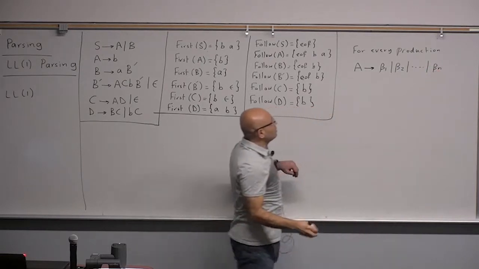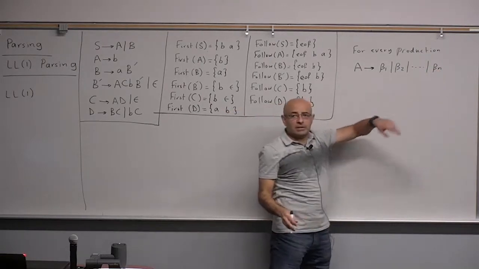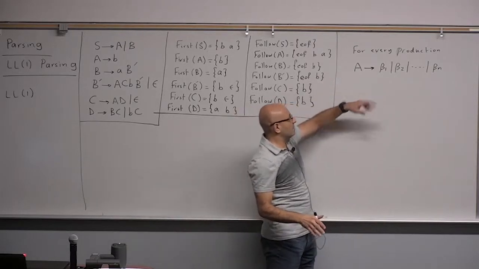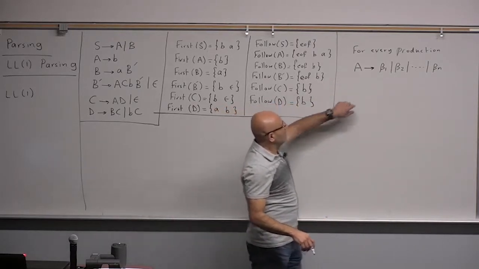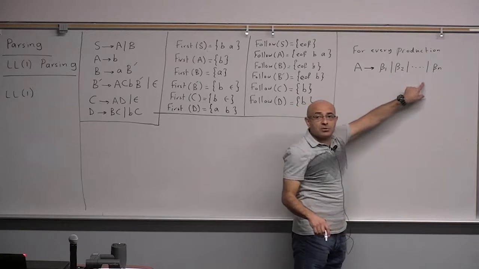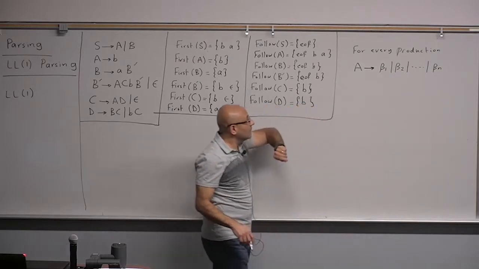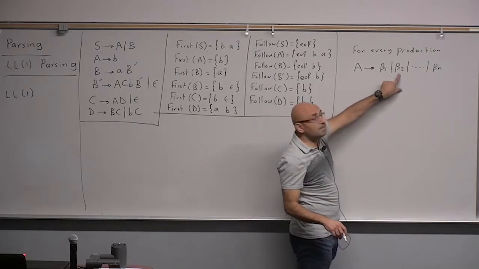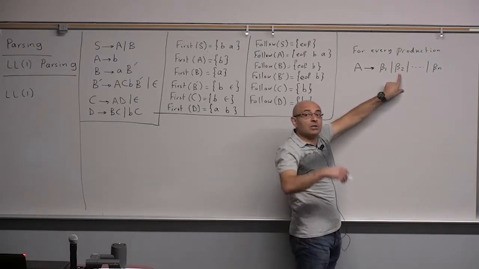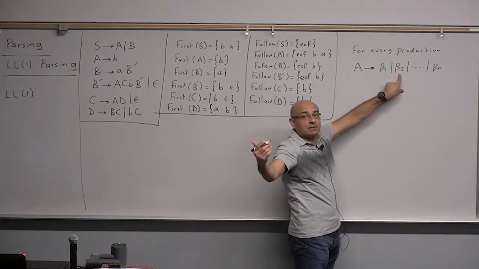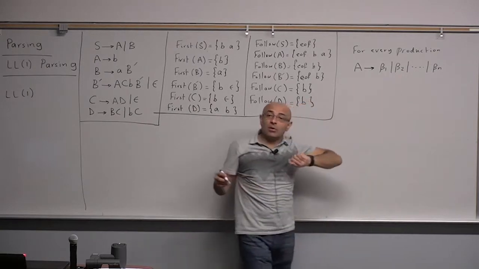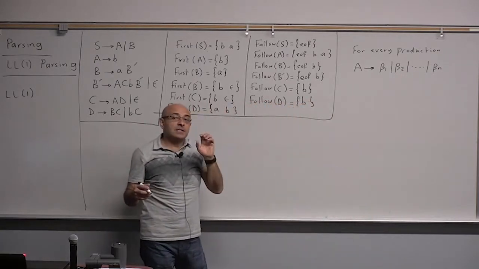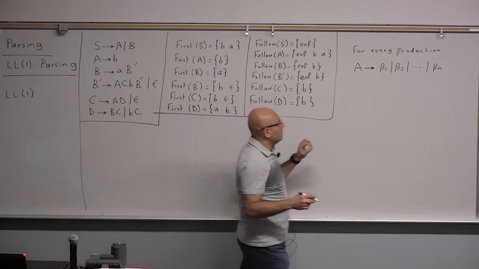If we have a production with multiple alternatives, or in fact multiple productions, then the first sets of these should be disjoint. And not only that, if one of these has an epsilon in its first set, we should also look at its follow set. So we look at the follow set only if the first set has an epsilon in it.